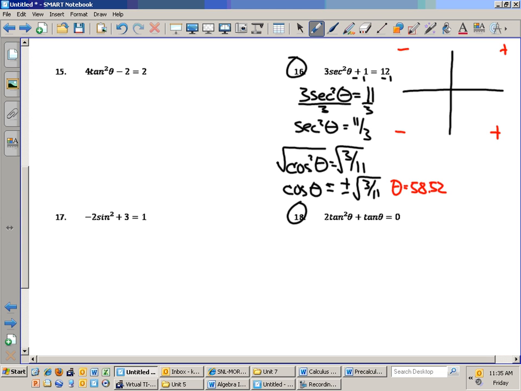So I got a bunch of angles, and the first one was 58.52. That's what it gave me. Okay, so that'll put me at that position. That's the measure of my first reference angle, 58.52 over here.